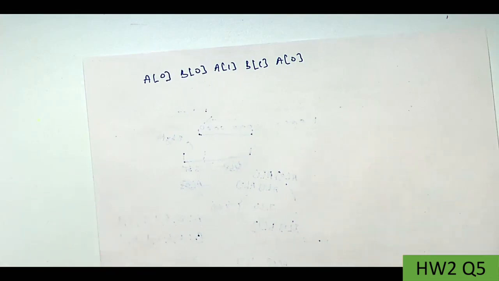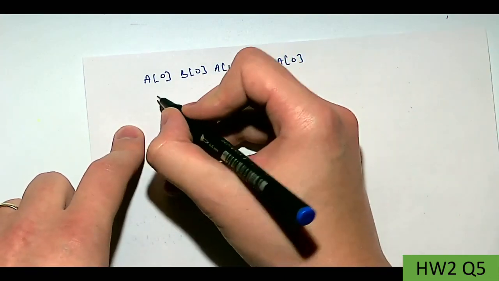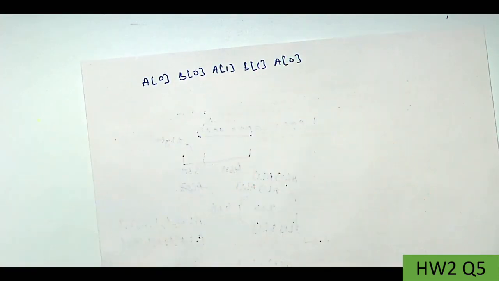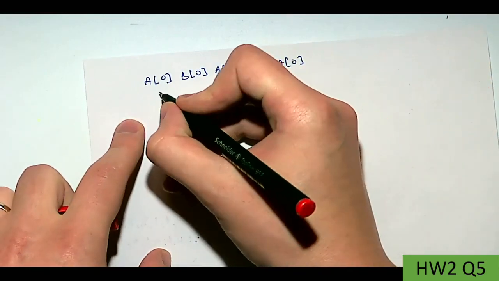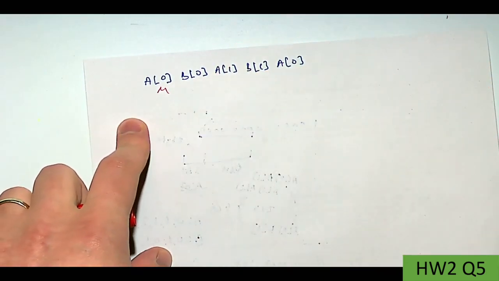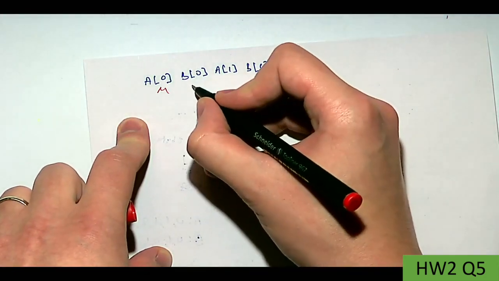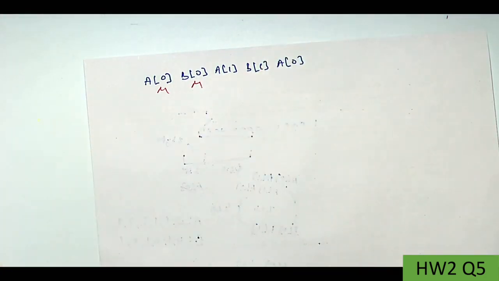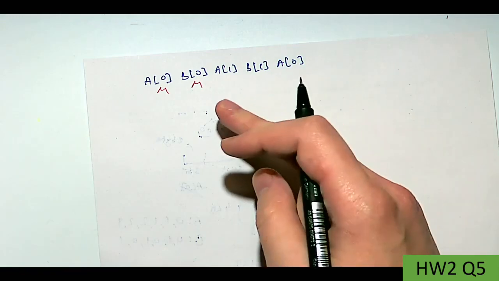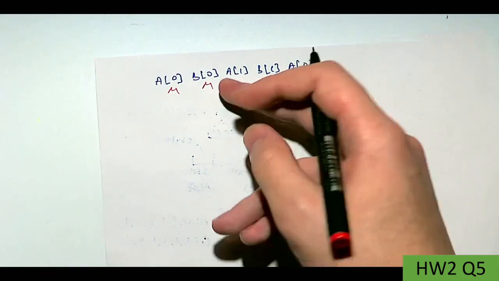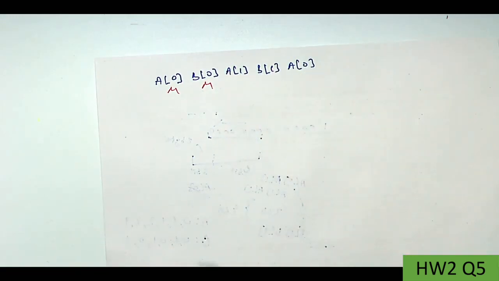So initially, the cache is empty. We will get a cache miss. So this is a compulsory miss for A0. And then same for B0. This is the first time we access B0. But here, an important point is that when we access B0, it will evict A0 because they map to the same cache entry. Right? Okay.